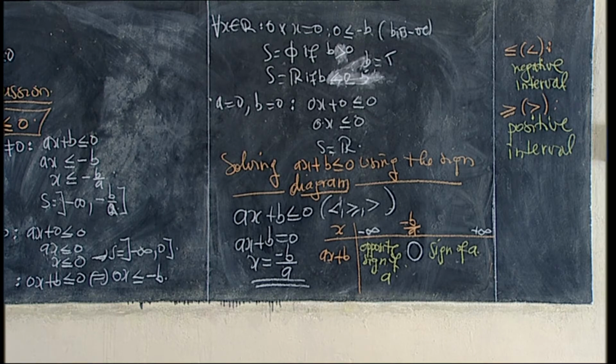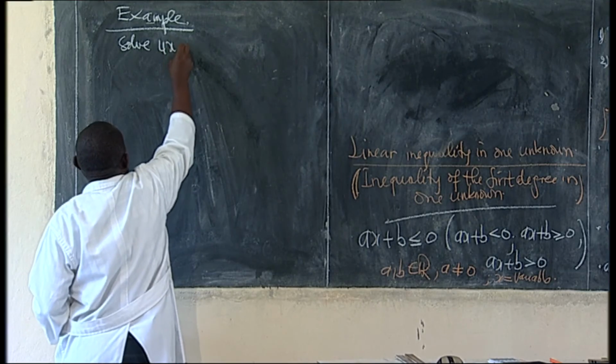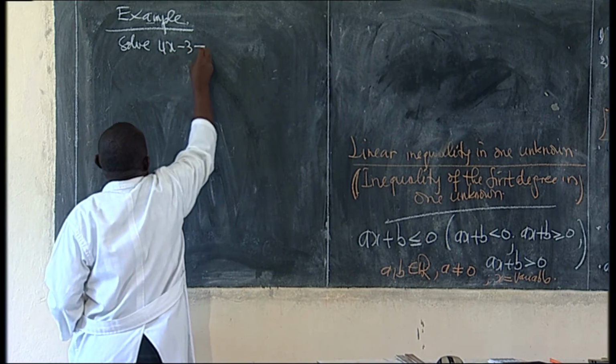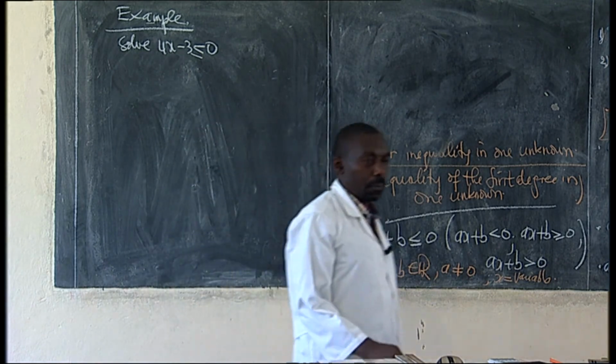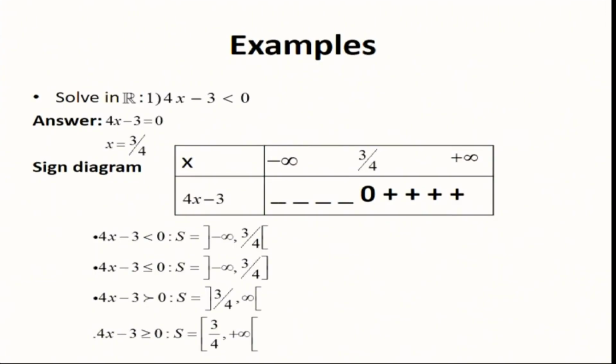Okay, back to example. Solve 4x minus 3 is less than or equal to 0.